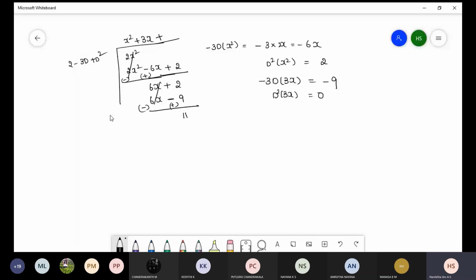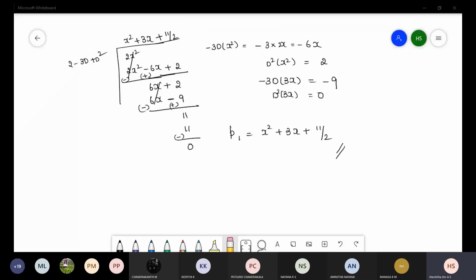Yes, 11 by 2. So 2 will get cancelled. Here it is 11. So our P1 value, please make a change in your notes: x square plus 3x plus 11 by 2. Make a change in your notebook.